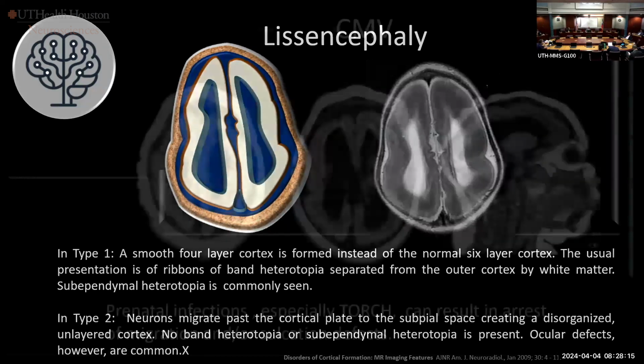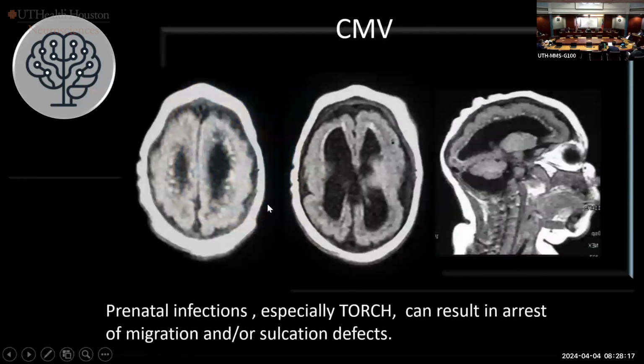When you have it associated with CMV, the cells are going to give you this cobblestone appearance. They're still under sulcated, and you're going to have other findings such as these calcifications that happen in the periventricular white matter. So the ones associated with torch are usually in kids that are microcephalic.